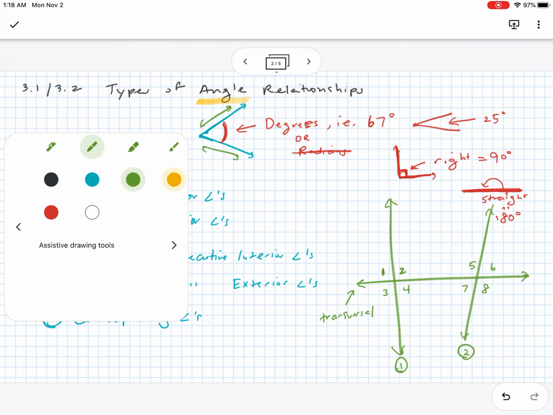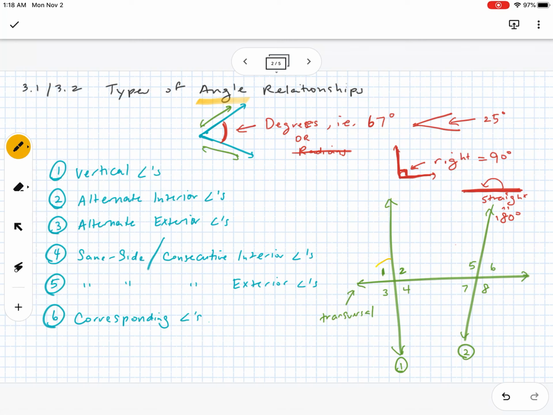Now, these 8 angles have a relationship with one another. So for example, when we say vertical angles, what we were talking about is an angle like this, like angle 1 with angle 4. Or like angle 2 with angle 3.